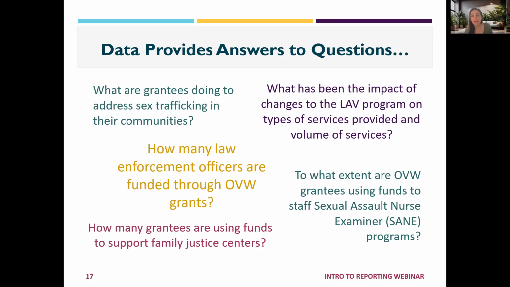It might be that somebody wants to know how a specific grant program is being able to provide a type of service. It might be a question about the volume of services being provided. So your data is used to help OVW better understand what's going on and uses that information to help craft and defend policy.